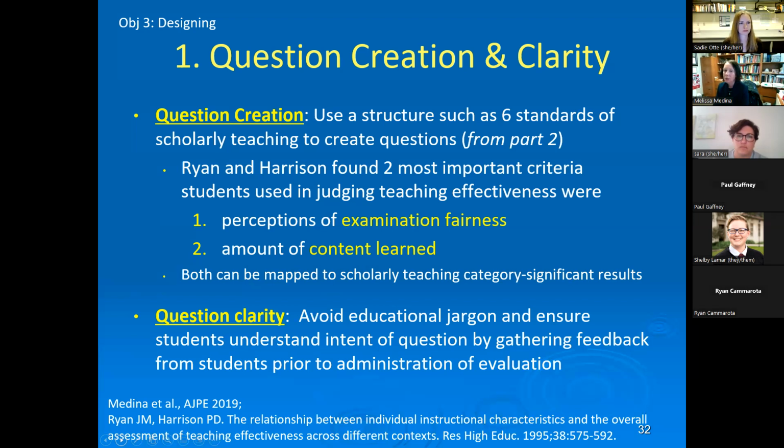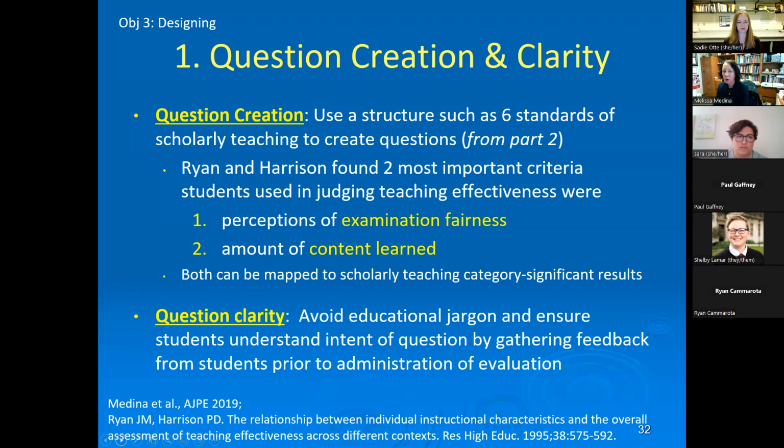So certainly examination fairness and the amount of content can fit very nicely into those 6 standards of scholarly teaching. So think about what questions you're going to use, but also make sure that the students understand what your questions are asking.